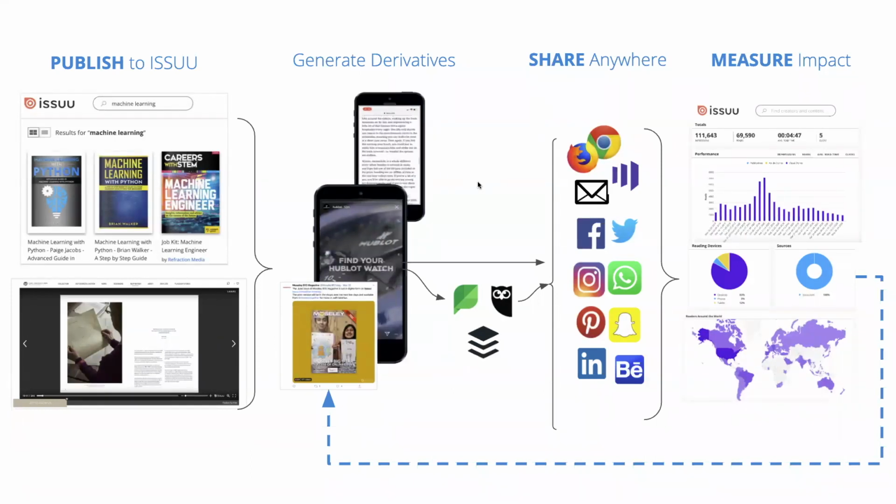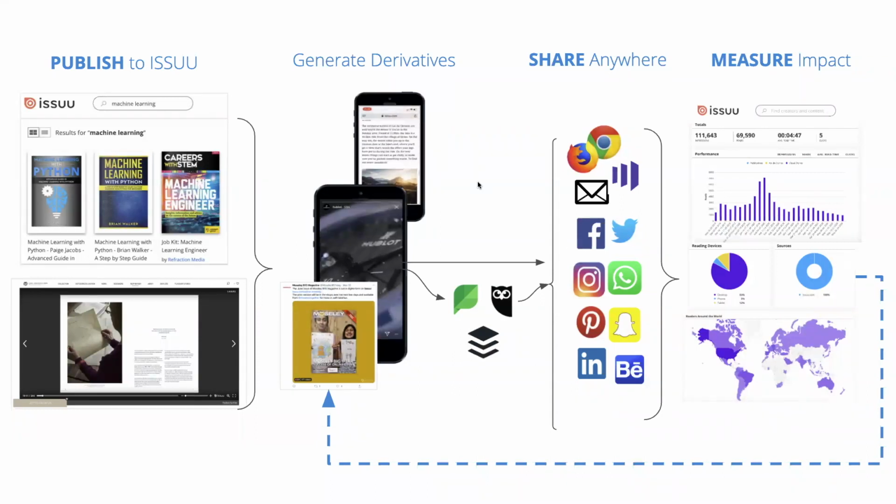All you have to do is upload your PDF content or other digital content you may have. Some of the benefits of that are the ability to generate other derivatives for your social media or your mobile experiences, which you can then share anywhere across all digital platforms as well as your email. And finally, measure the impact with our Issuu analytics tools as well.